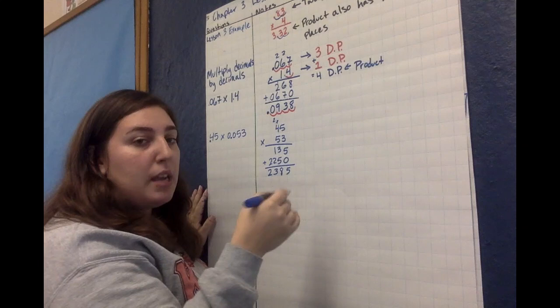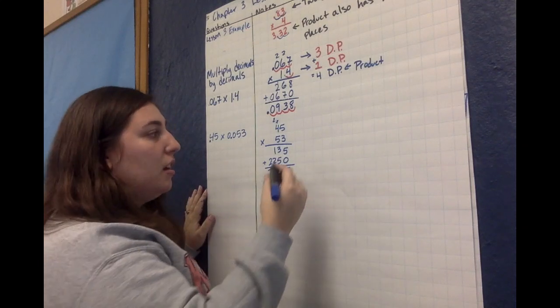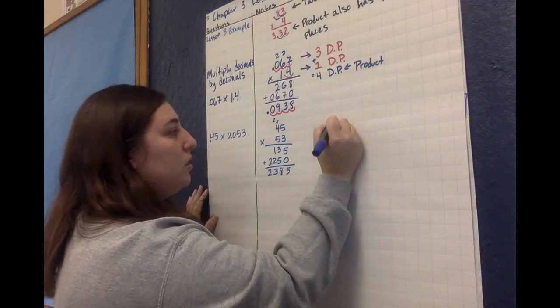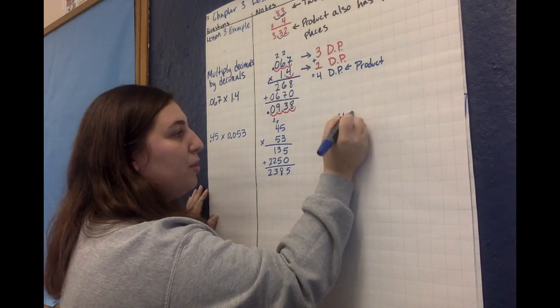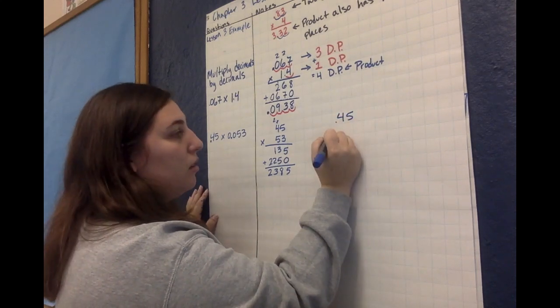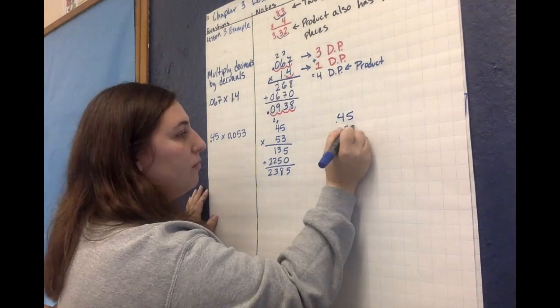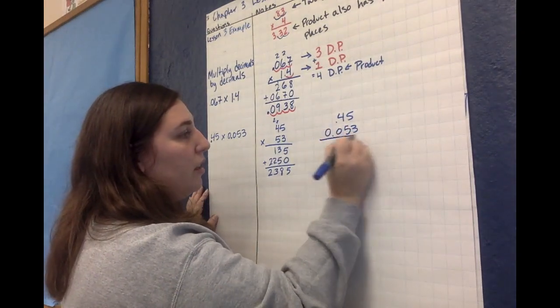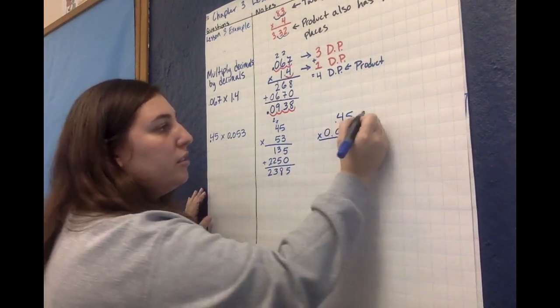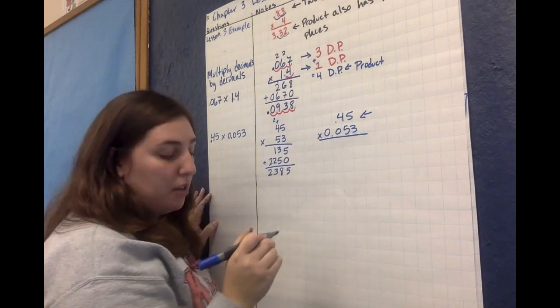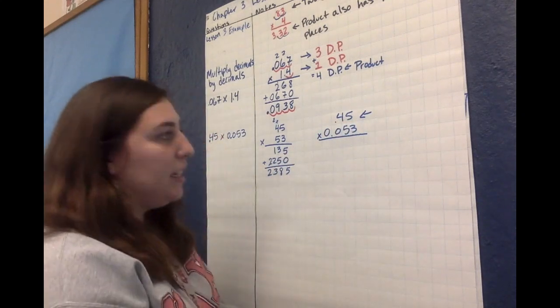But now to put it in a decimal place, so let's say I multiply my decimals out. Put that 0 there. So times. So 0.45 has how many decimal places?